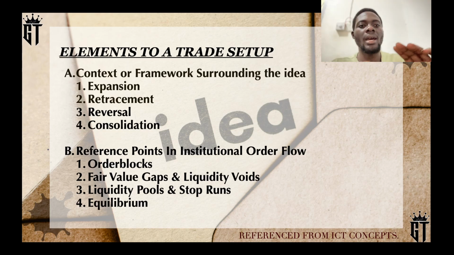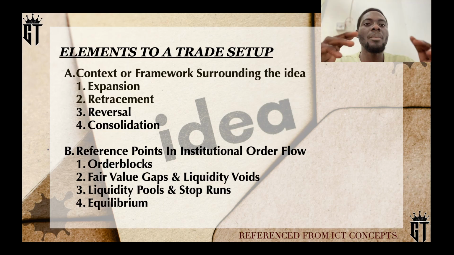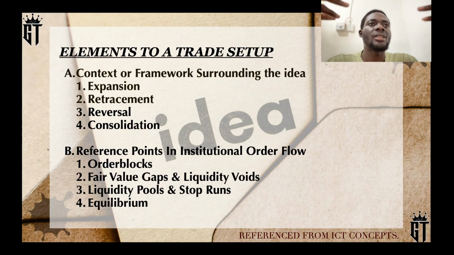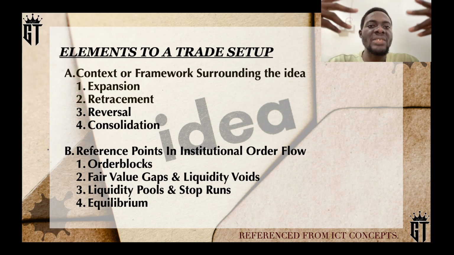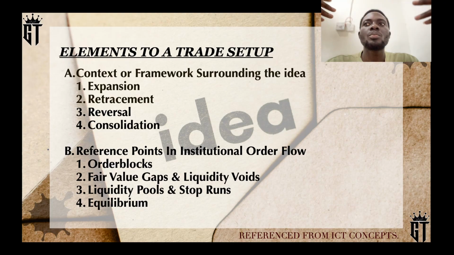So everything I mentioned earlier, everything that the title even says, elements to a trade setup, are things that come up to make sure our trade is our trade, things that make sure the setup we are trading is valid. You understand? Because to place a trade in the first place, you have to have a setup, and that setup has to be validated by certain frameworks, certain systems.